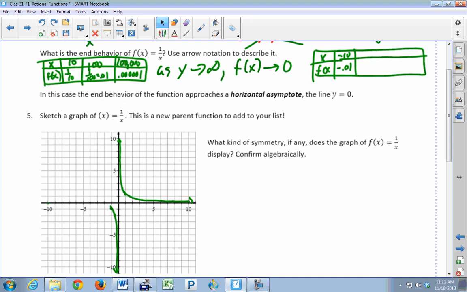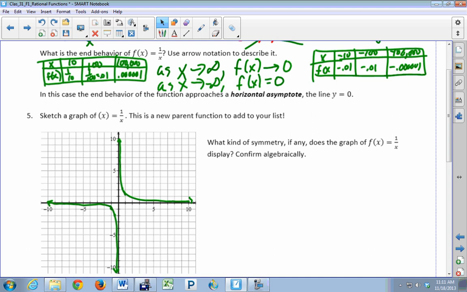So we're getting really, really close. If we're at -100, we're at -0.01. It's the same exact behavior. -100,000, -0.000001. So as x approaches negative infinity, f of x still approaches 0.